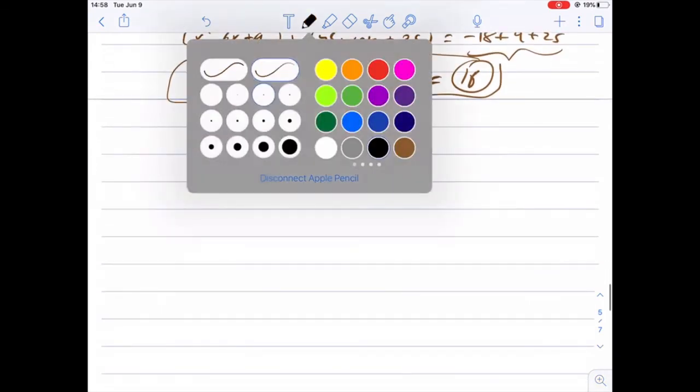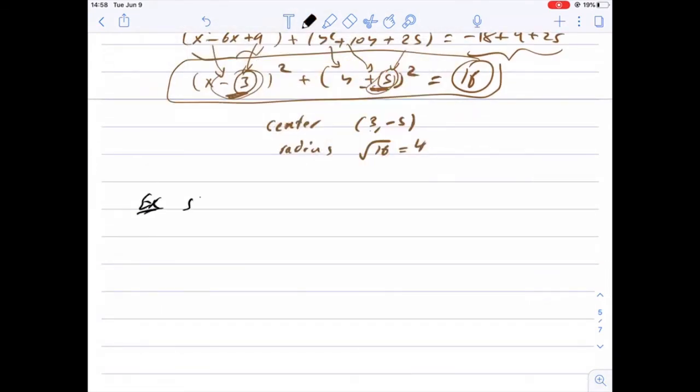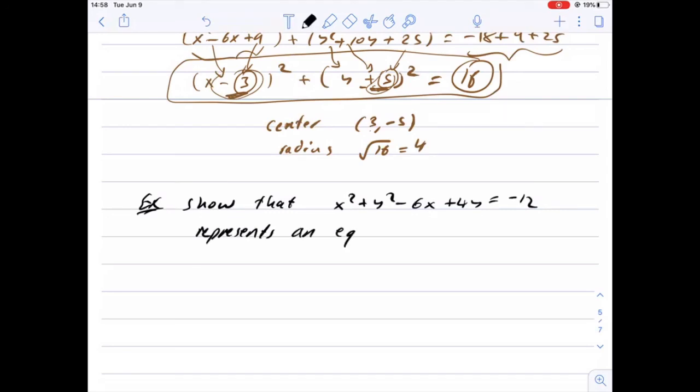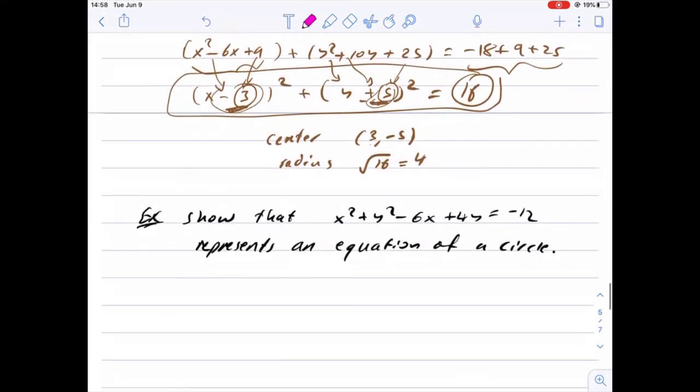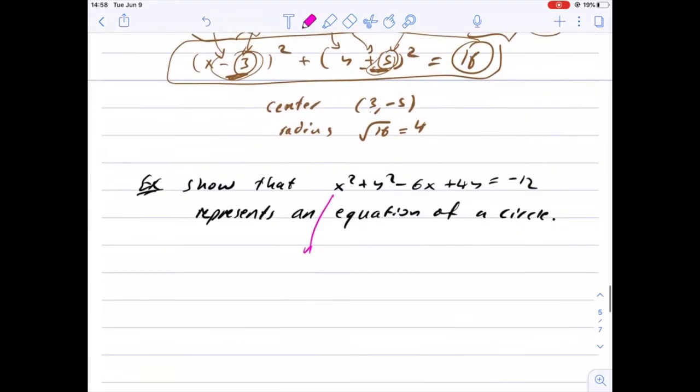Now the last example, we want to show that the equation x squared plus y squared minus 6x plus 4y equals negative 12 represents an equation of a circle. So this is not written in the standard form, I mean in the circle center radius form, so we need to convert it into that form.